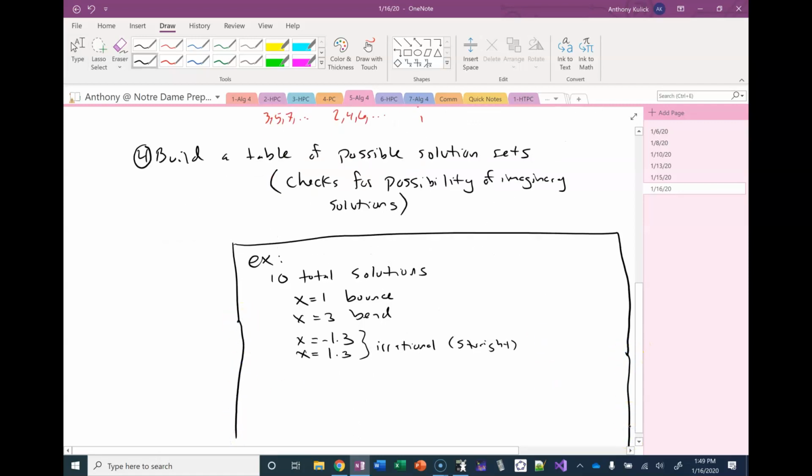So let's say this is the information that we have. We have 10 total solutions. We're able to tell that we have a bounce at x equals 1, a bend at x equals 3, and we have irrational solutions at negative 1.5 and positive 1.5 that are straights.